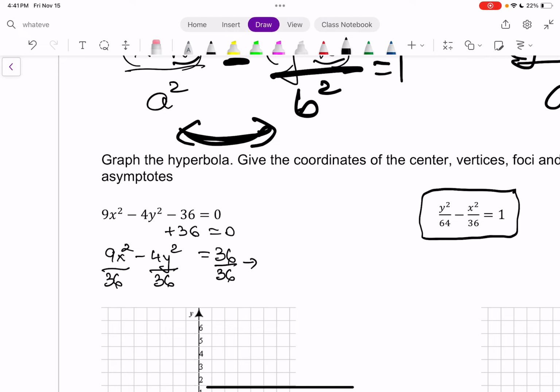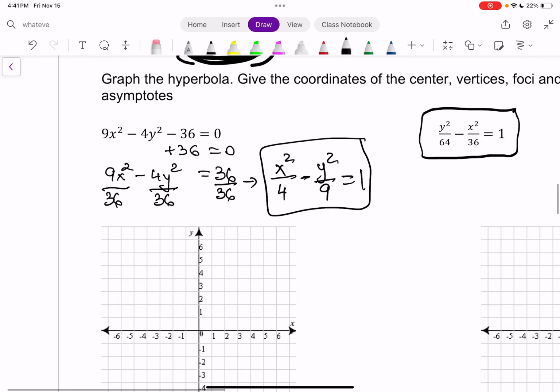So here's the equation, nicely reduced. X squared over 4, because 9 and 36 reduced by 9, leaving me with a 4, minus y squared over 9 equals 1. So this is a definitely more useful version of this equation.